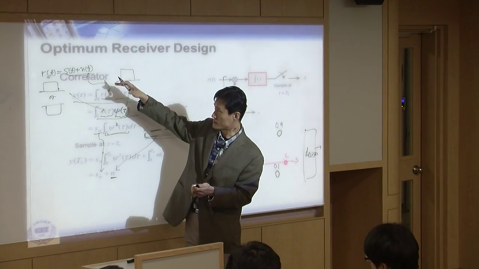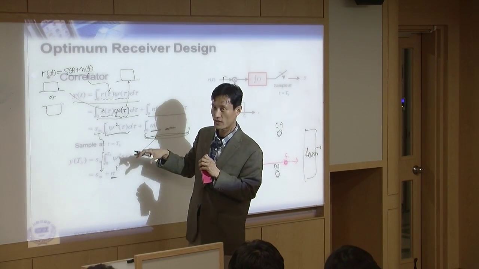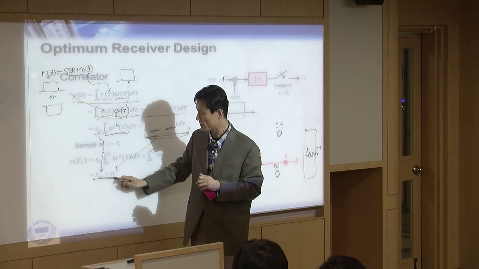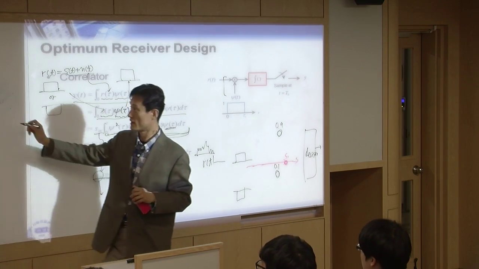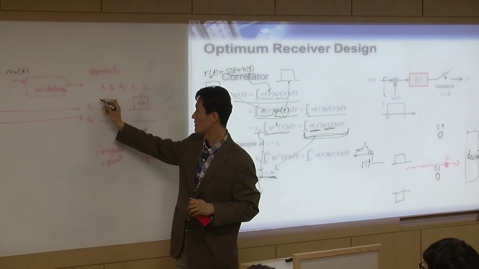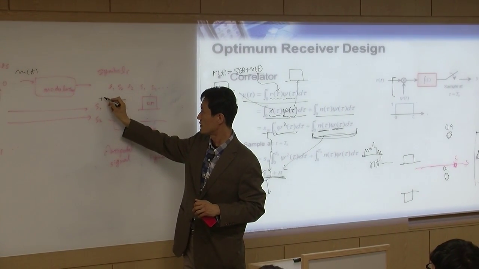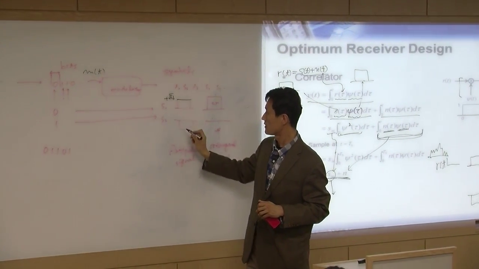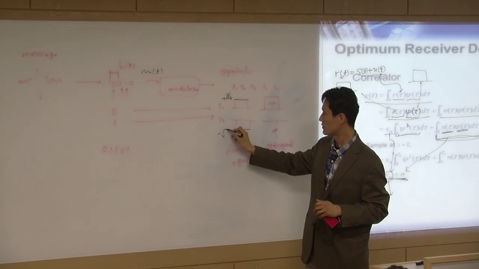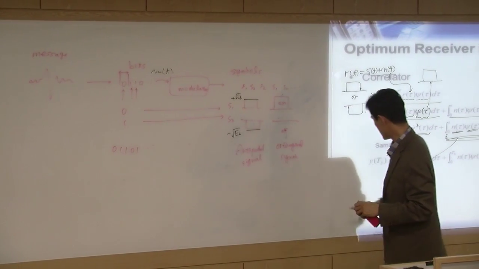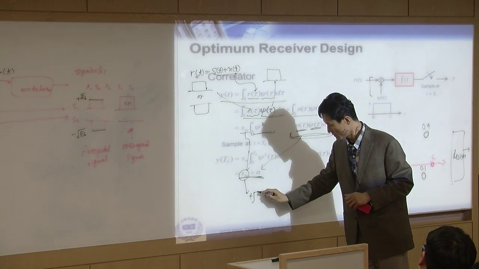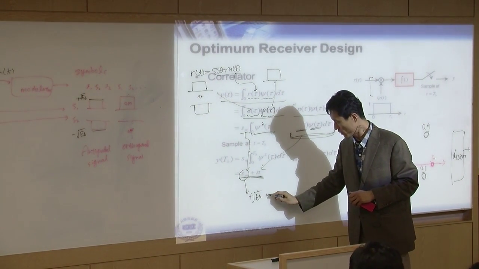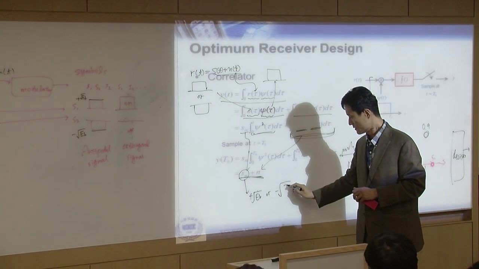Simply, the output of the correlator becomes Sm plus n. This Sm is going to be, let's say, positive root E_b, and this one negative root E_b. So Sm is going to be plus this one or minus this one.